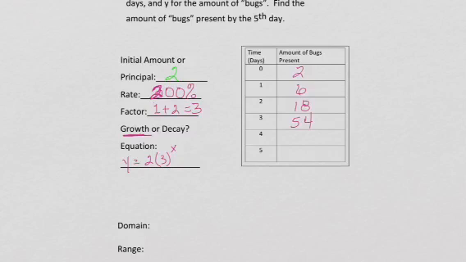The fourth day, it went to 162. Then on day 5, it jumped to 486. So from the start with 2 bugs found until day 5, there were an additional 484 bugs. So it jumped from 2 when it was first detected all the way to 486.